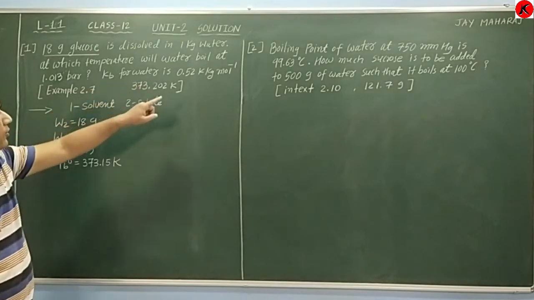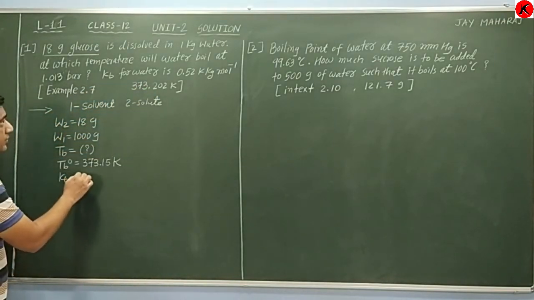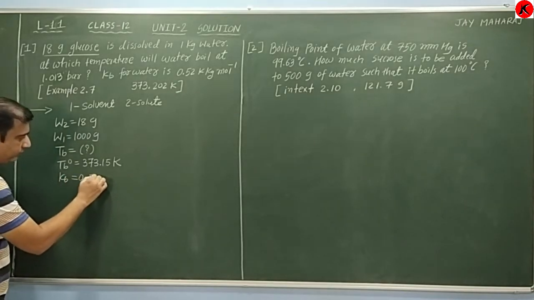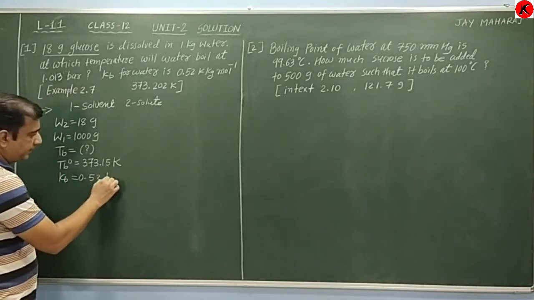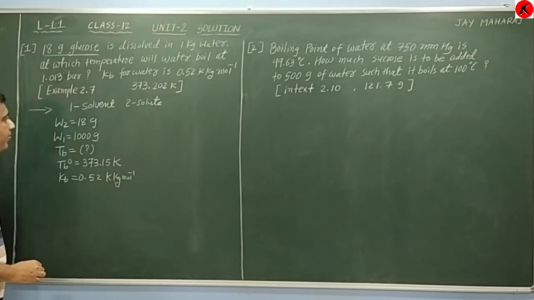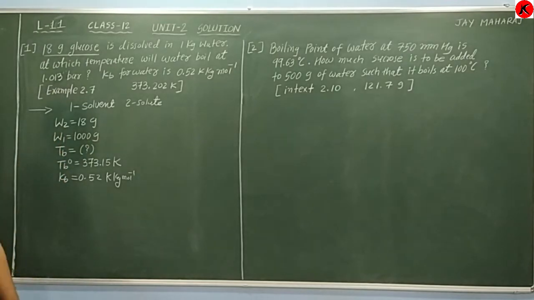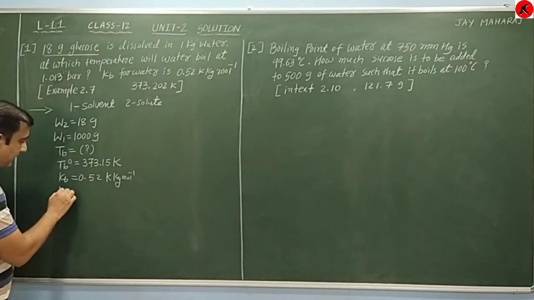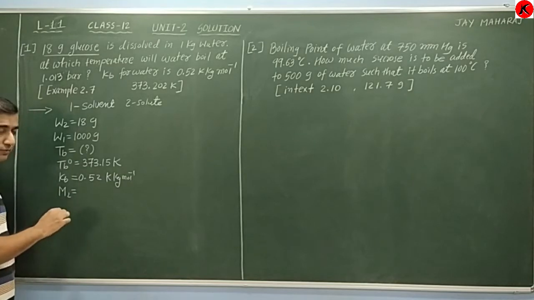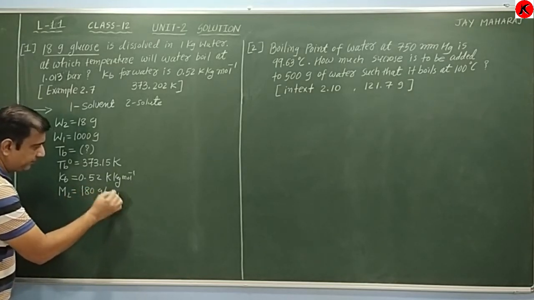Now Kb for water is given, Kb equal to 0.52 Kelvin kilogram mole inverse. Now 18 gram glucose, solute is glucose, so the molar mass of glucose we know is 180 gram per mole.